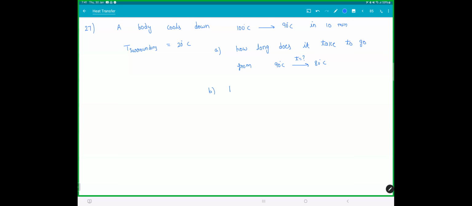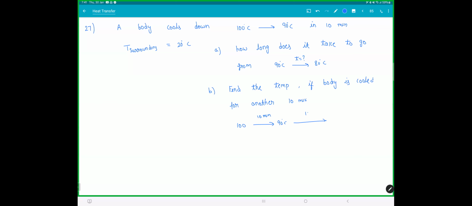Second question, find the temperature if the body is cooled for another 10 minutes. So if I give the same time, then what will be the temperature? Meaning you're going from 100 to 90, took you 10 minutes.